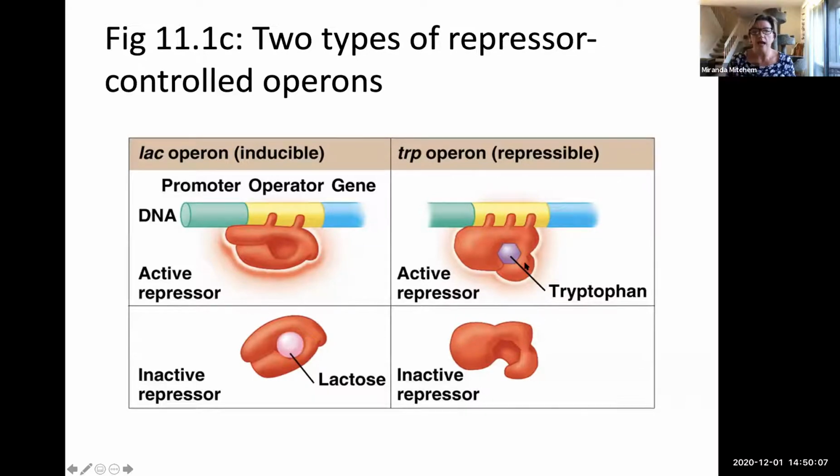So the absence of tryptophan will make it so that the repressor is inactive here, and then it can't bind.